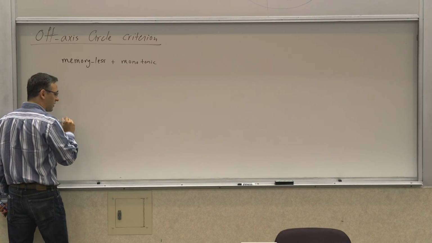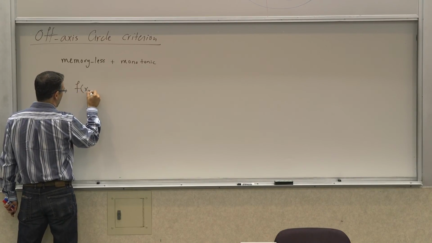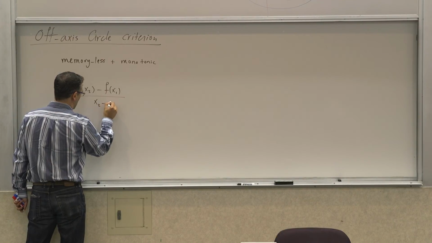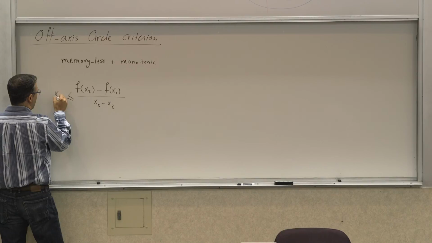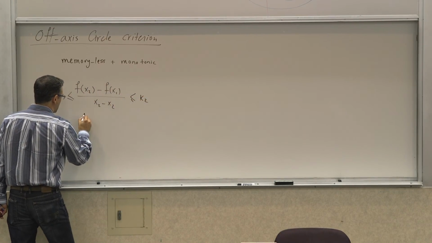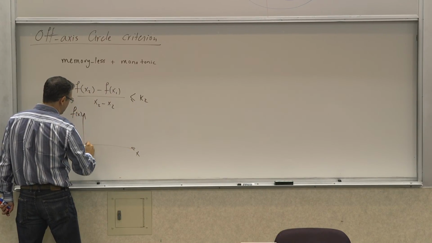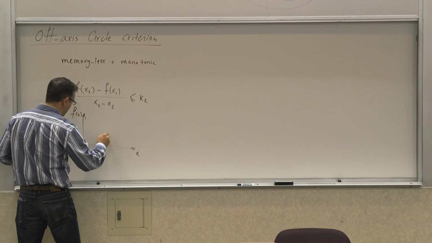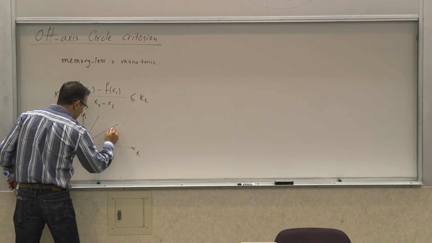So how do you describe this? If you have a nonlinearity that's monotonic, you can say f of x2 minus f of x1 over x2 minus x1 is going to be greater than k1 and smaller than k2. So this describes a memoryless nonlinearity that's confined between two lines with the slopes of k1 and k2.